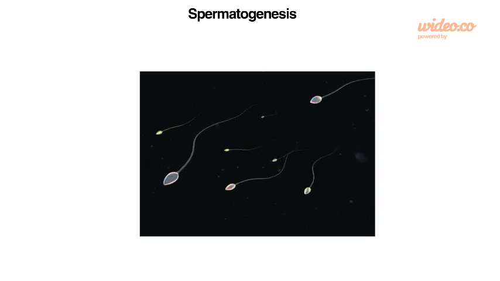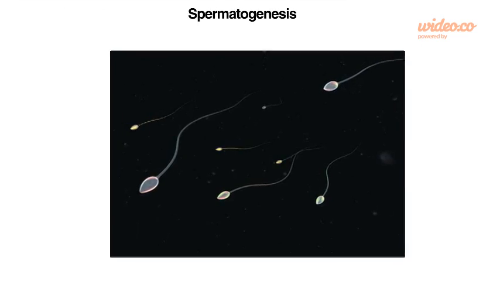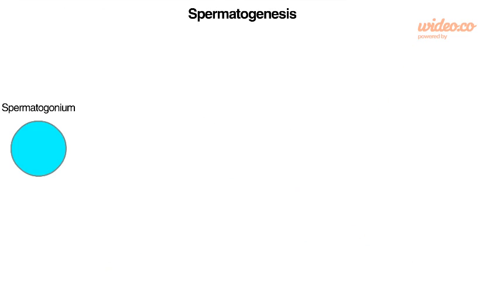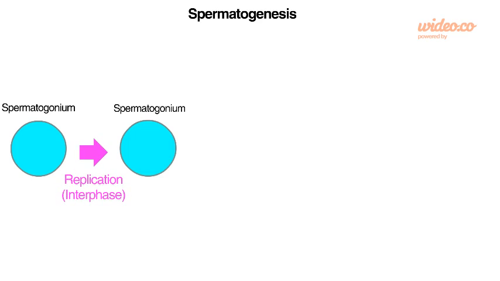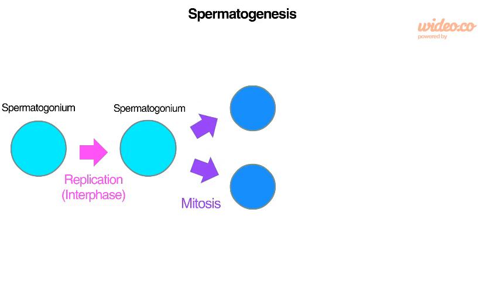Spermatogenesis is the formation of sperm cells. Before meiosis 1 takes place, the spermatogonium is replicated during interphase so that its two single chromosomes become two sister chromatids. The spermatogonium then divides by mitosis, creating two daughter cells. One daughter cell becomes a primary spermatocyte, while the other daughter cell remains a spermatogonium.